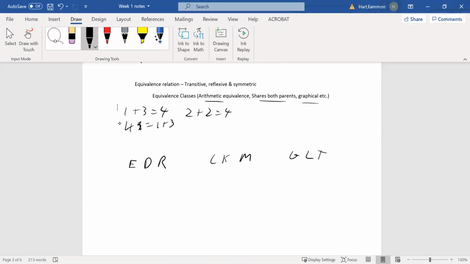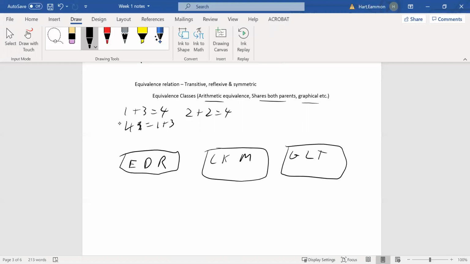So if these guys are me and my two brothers, these are my cousins Colette, Kieran, Mairead, and these are my cousins Grania, Liam, and Kathleen, but I won't have T because C and K were already taken. So these guys are equivalence classes under the relation of has the same parents or shares both parents.